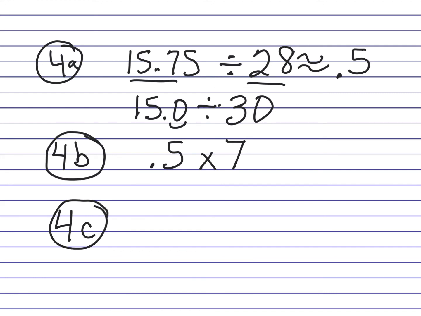In 4C, it says about how many days altogether will it take him to drink 20 gallons, okay? So I would just take 20 divided by 0.5, and that would be an estimate, because remember, this 0.5 up here was an estimate. So 20 divided by 0.5 would give you an estimate of how many days it would take him to drink 20 gallons. Okay, so there you go.